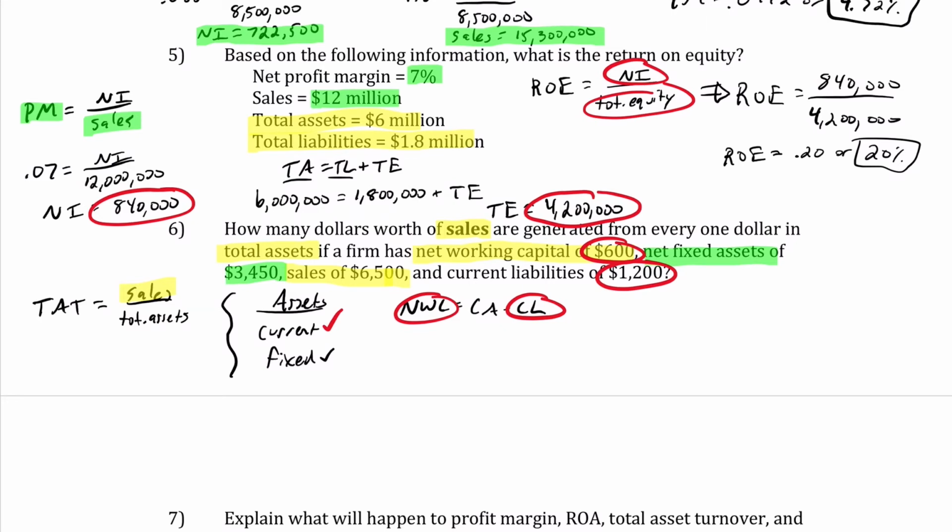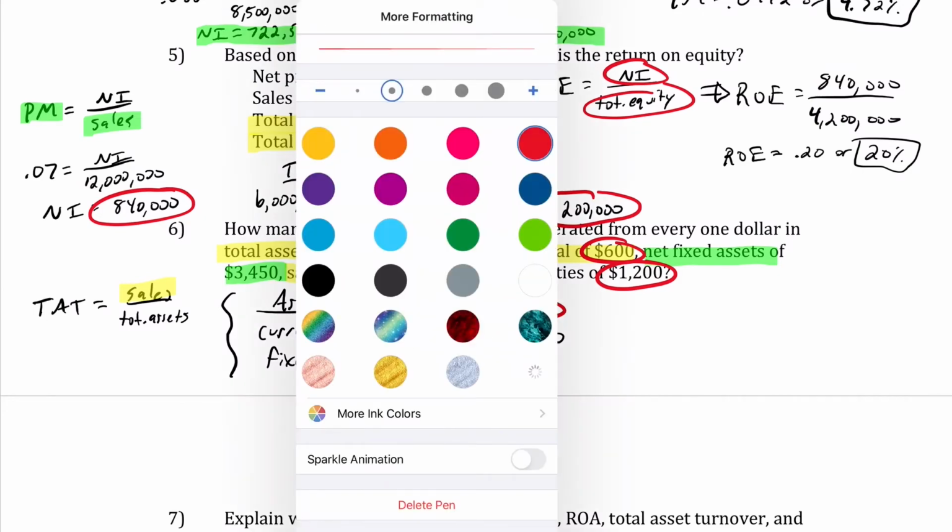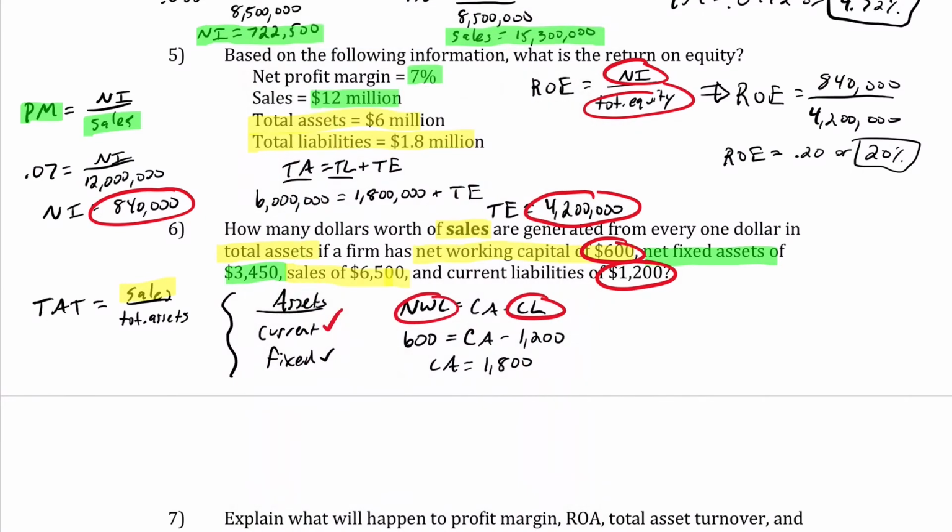So net working capital is 600, given. Current assets is what I'm solving for. Current liabilities is 1,200. Add 1,200 to both sides, and I get current assets equal to $1,800. Now, that's not the final value. What this is only giving us is current. They have given us fixed. And we need to add those two together to get total assets.